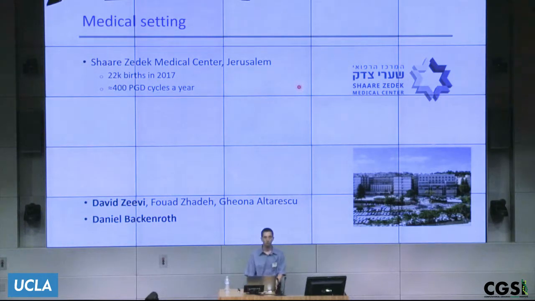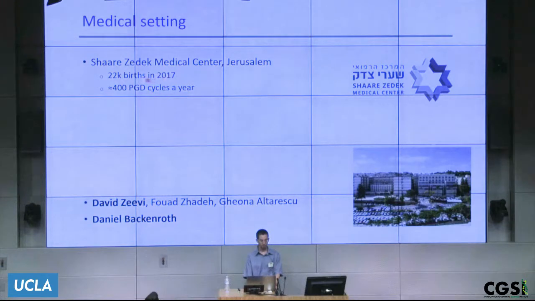So first, Israel is quite unique in having the highest fertility rate among developed countries. The number of children per woman in Israel is 3.1 compared to 1.7 for the OECD average. So this is quite high, and Jerusalem is at the center of this fertility madness, if you wish.